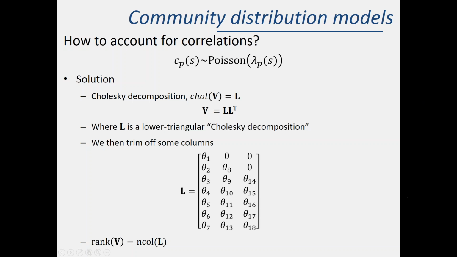So we don't decide which ones to trim off. We specify how many columns we want, and then the model is going to estimate the parameters of that. Again, a mixed effects model will try to have as much of the variance explained by the random effects as it can, because that's the solution that maximizes the marginal log likelihood.